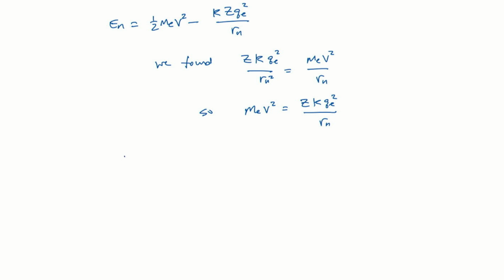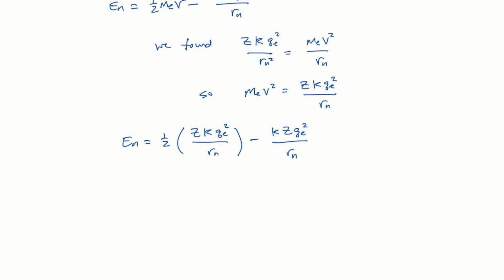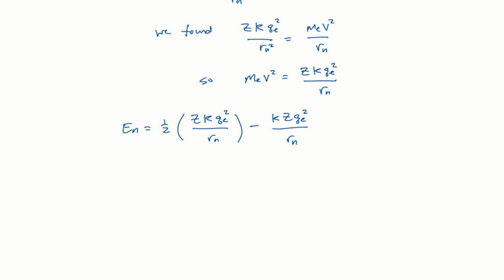So we have E sub N is 1/2 times Z K Q sub E squared over R sub N, then minus K Z Q sub E squared over R sub N. The order of the K and the Z doesn't matter.